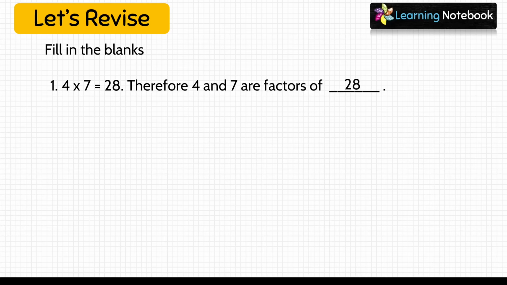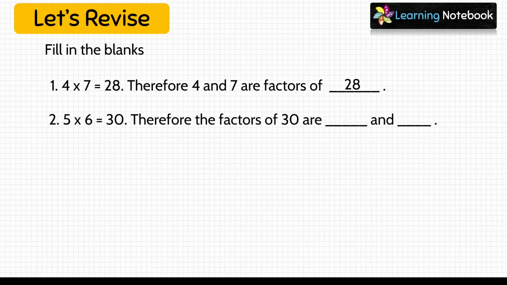Answer is 28. Next question is 5 multiplied by 6 equals 30. Therefore, factors of 30 are dash and dash. Answers are 5 and 6.